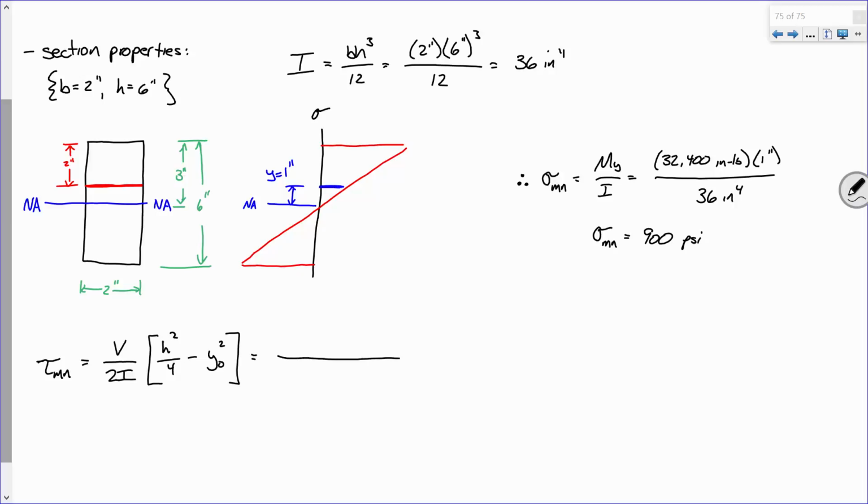So we have, what's the shear? Two times 36 inches to the fourth, right? Six inches squared over 4 minus 1 inch squared equals what?